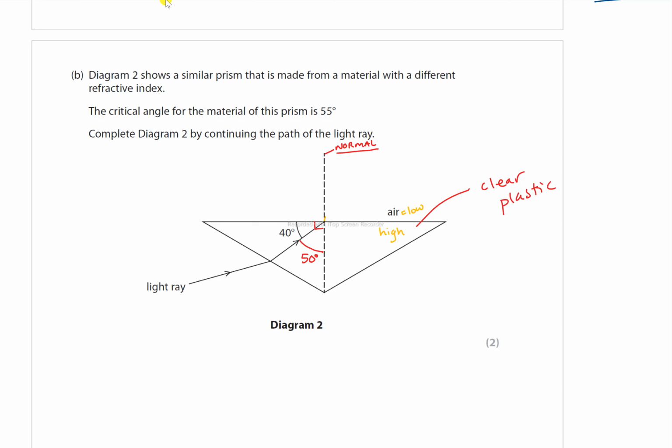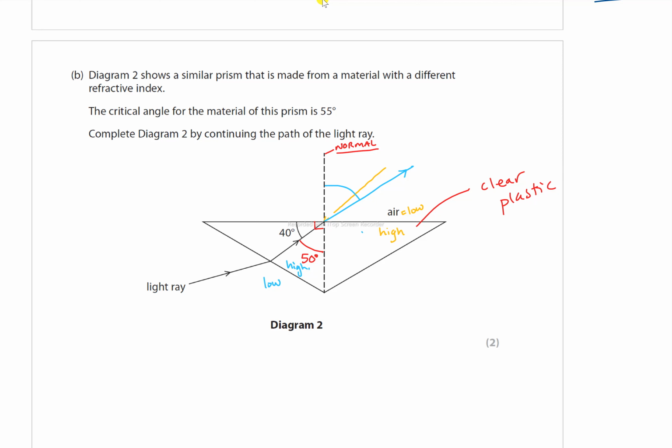See, I always do that. That's if it goes straight through, but it's going from high to low, not low to high. I always get this wrong. If it's low to high, it bends towards. If it's high to low, it bends away. So be careful with that. I always make that mistake, and don't make that mistake.